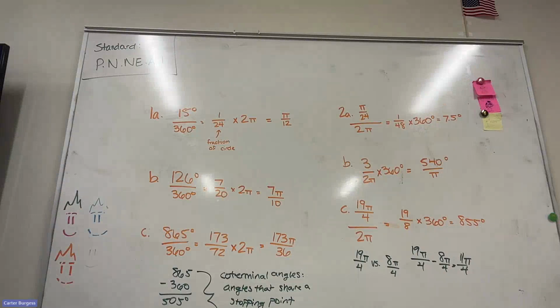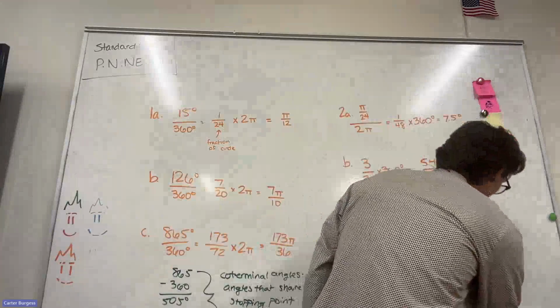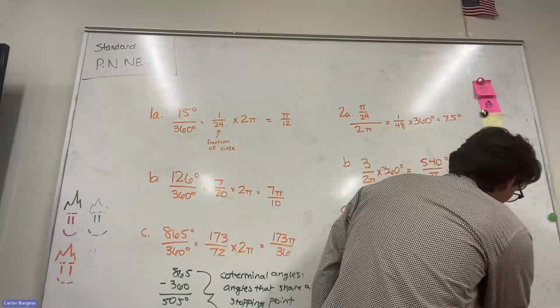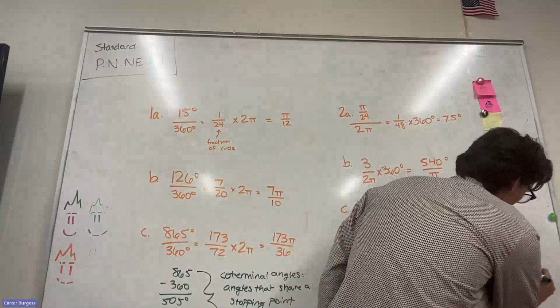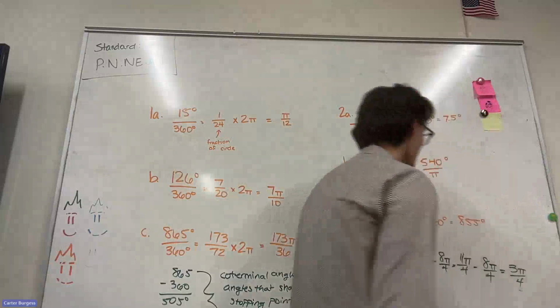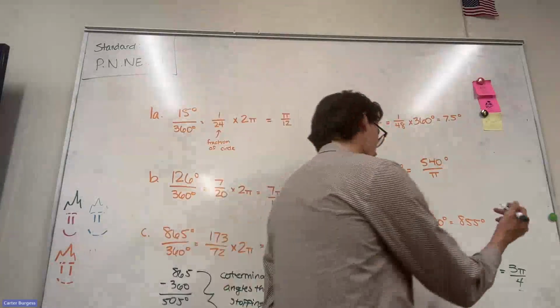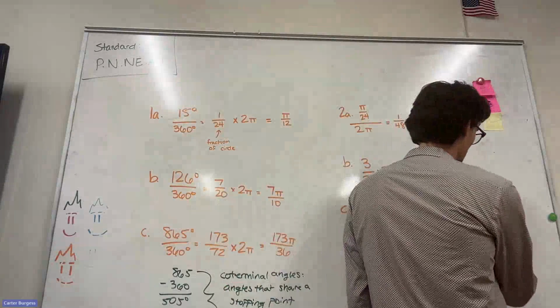And 11 pi over 4, is that going to be more or less than a full rotation? Still more. Our full rotation is 8 pi over 4, and 11 pi over 4 is definitely more than that. So subtracting away that 8 pi over 4, I get 3 pi over 4. And so from this we learn, oh, hey, this is a Q2 angle.